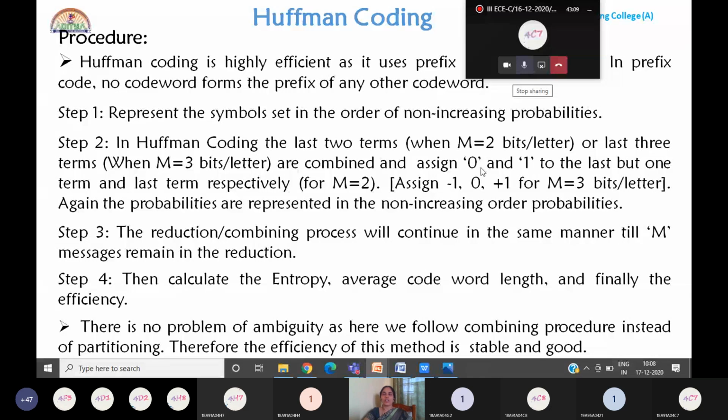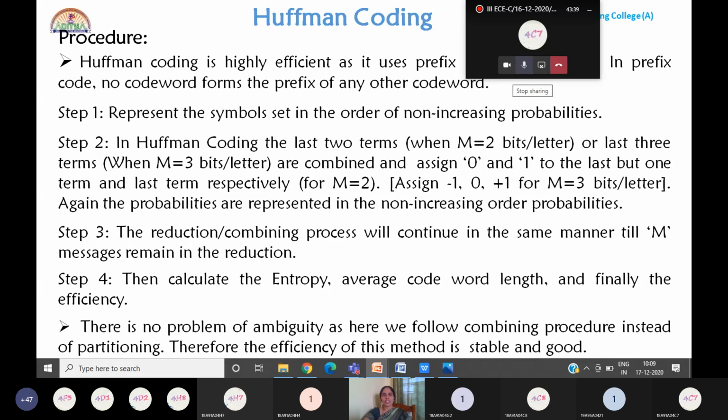So if you add, you will get one probability. That probability is once again represented in the decreasing order. And step 3 is this process will continue in the same manner: combining, assigning, and once again representing it in the decreasing order, till m messages remain in the reduction.